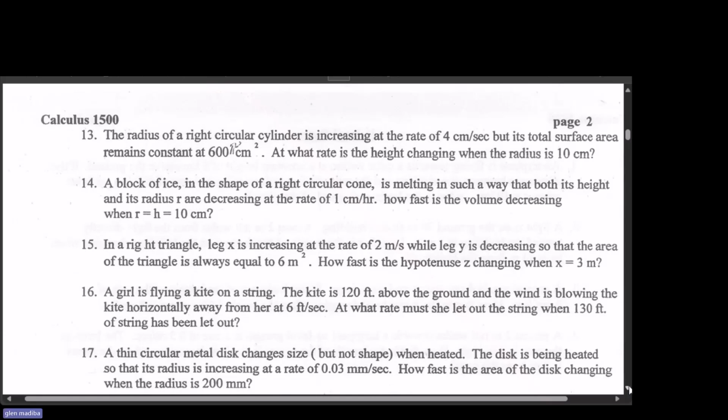What is the answer that there is an agreement on? 12 pi. That is also what I have here with me. Millimeters squared per second.